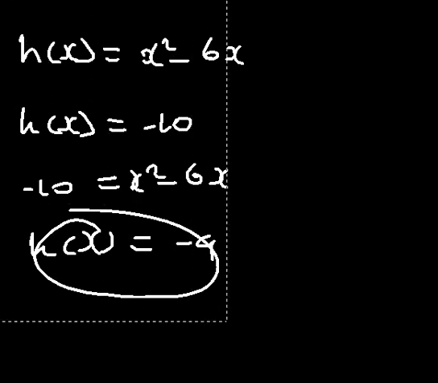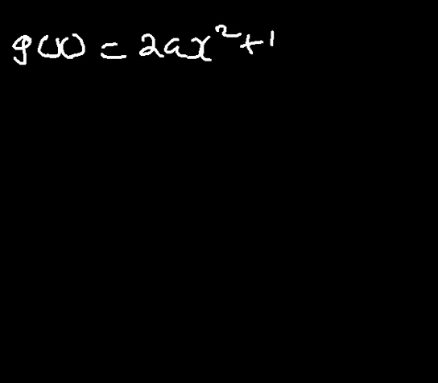Let's consider this case as well. Let's say we have a function, g of x is given as 2ax squared plus 4b.